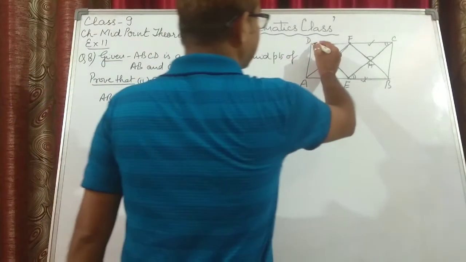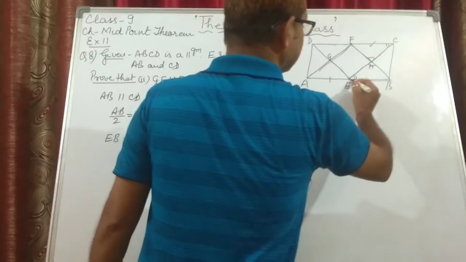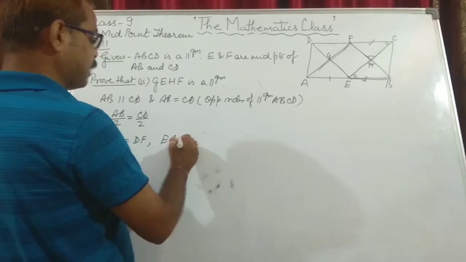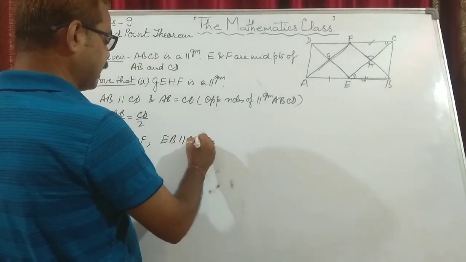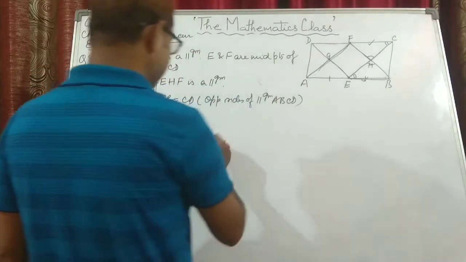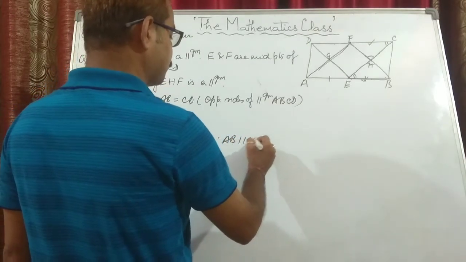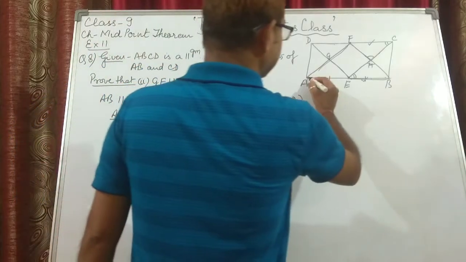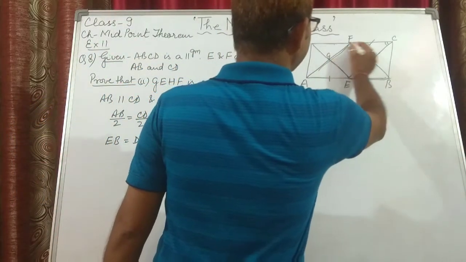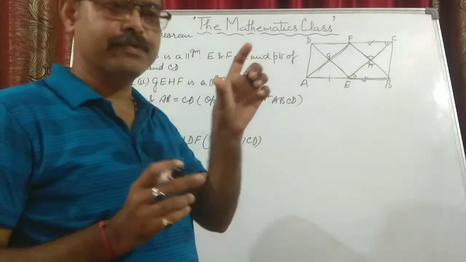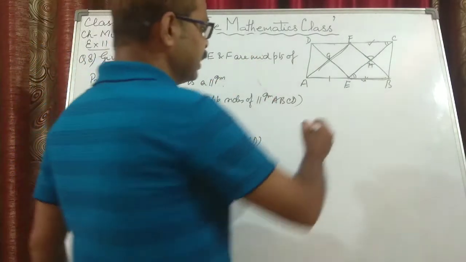At the same time, EB will be parallel to DF. Why? You can write the reason: since AB is parallel to CD. Now if AB and CD are parallel, then some parts of them will also be parallel.